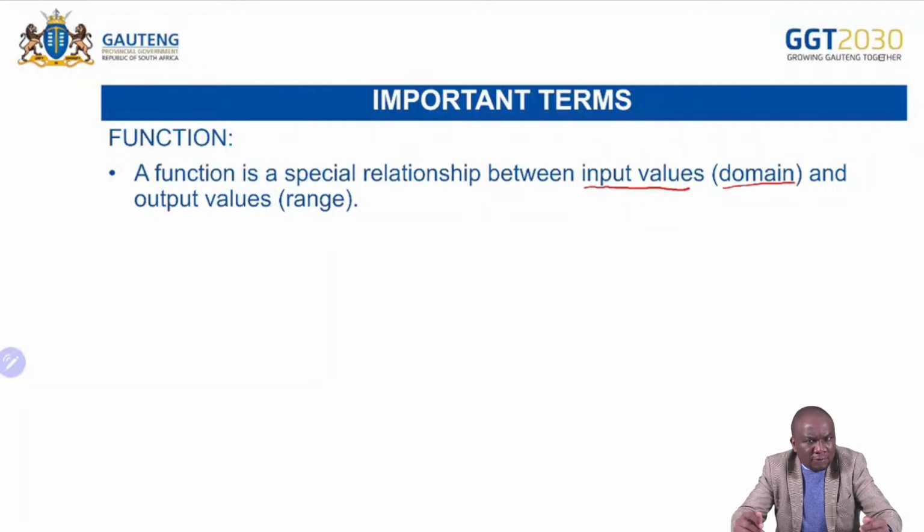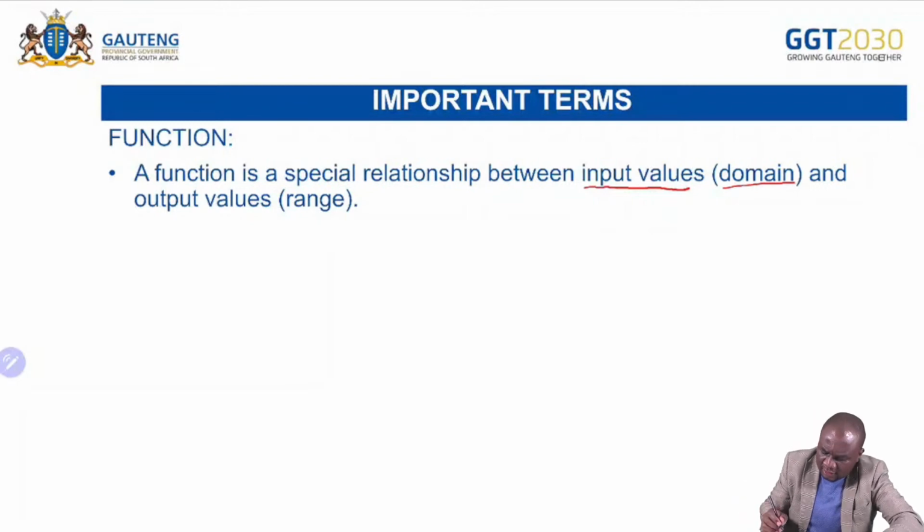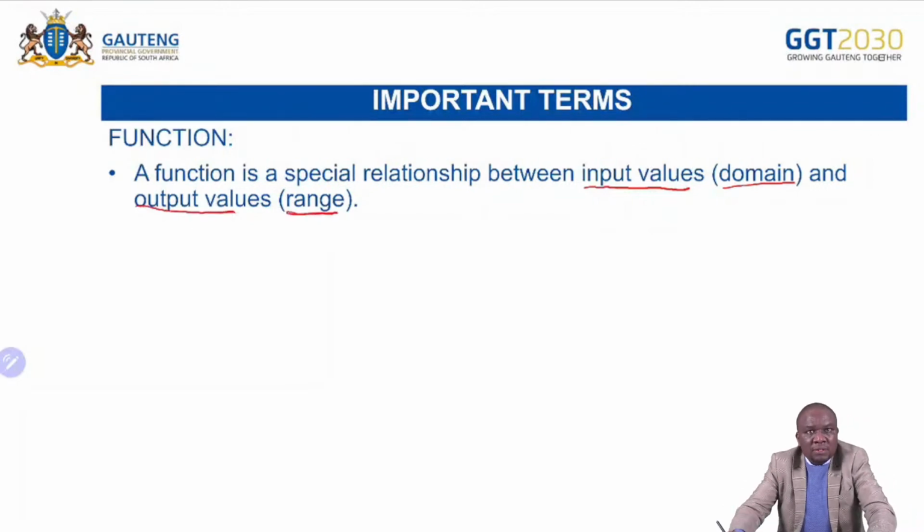What is the range of this function? You must know that the domain is coming from the input values, and then output values, the range. So a function is a special relationship between input values and the output values. It is the relationship between the domain and the range.